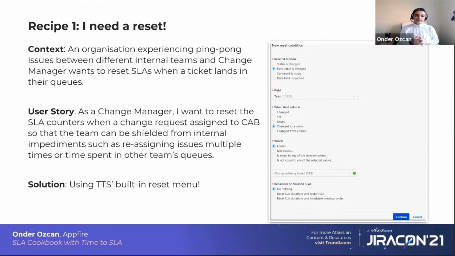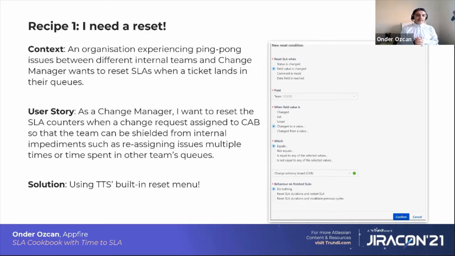So the solution, surprise, surprise, Time to SLA. For this particular example, we have a dedicated capability for resetting the SLAs, right? On the right-hand side, you can see the screenshot, where we can see the reset condition, right? In terms of the reset condition, we have many options.